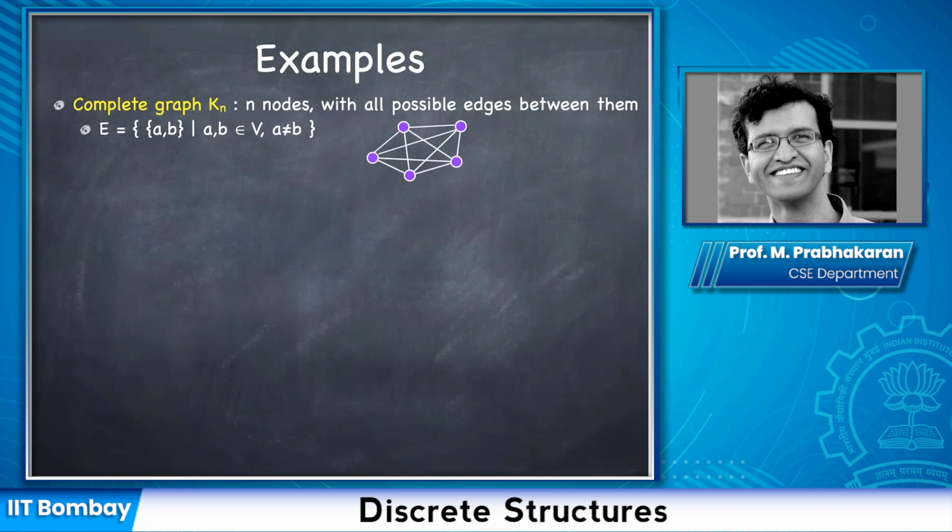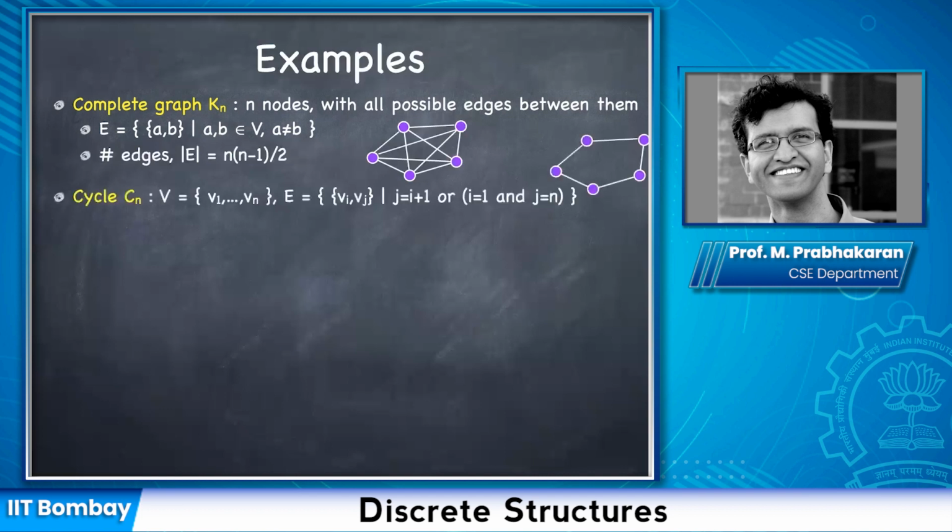It consists of all subsets of size 2. They're all edges. To visualize, here is a graph with 5 nodes and all possible edges are there. How many edges are there? There are 5 choose 2 edges, or more generally, n choose 2 edges. That's n times n minus 1 by 2.